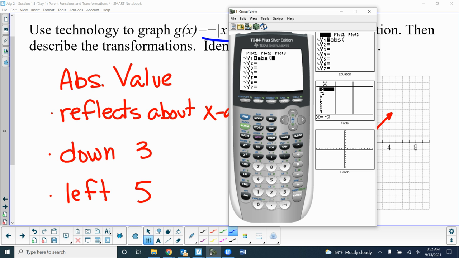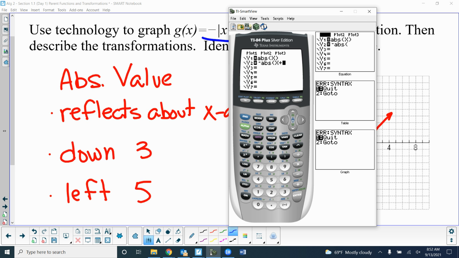So we'll do our parent function. And then our g of x. So we got negative, math, number, absolute value. What was it? X plus 5, right?